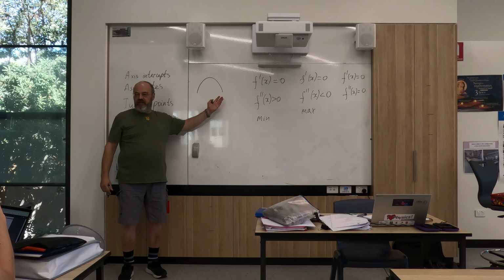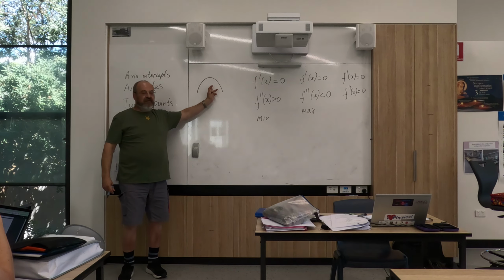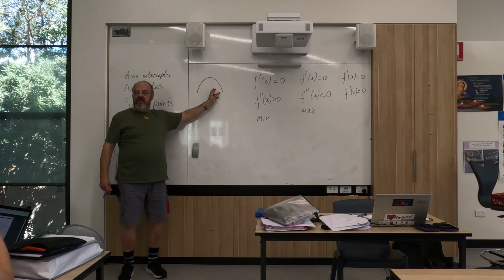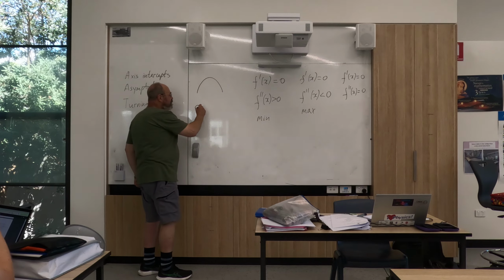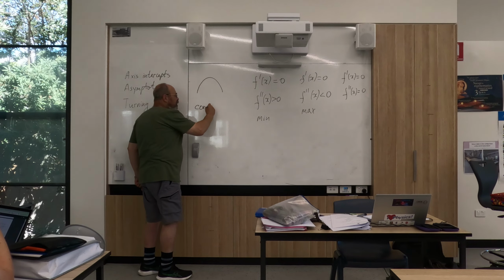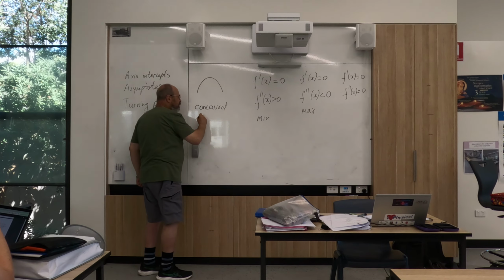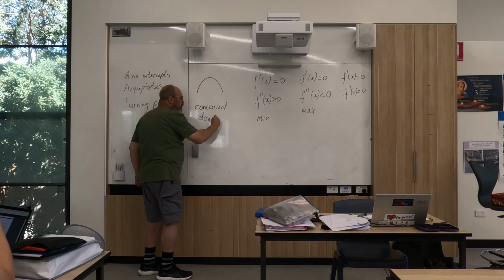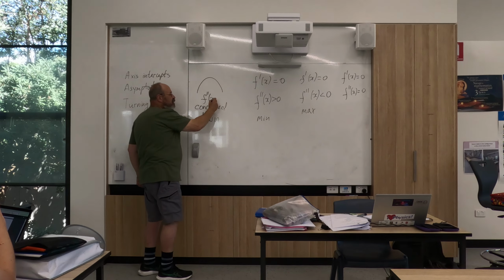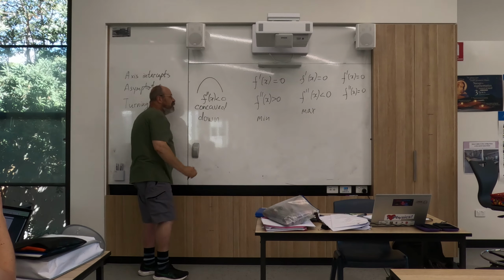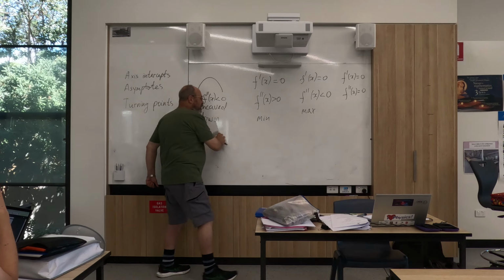That's a maximum, and the second derivative here is negative. We say that this function is concave down.